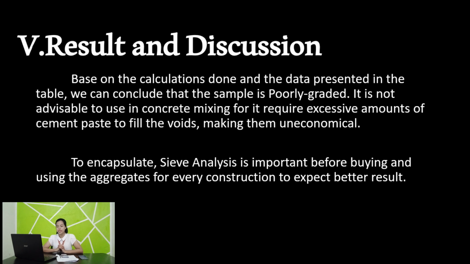It is not advisable to use in a concrete mixture, for it requires an excessive amount of cement to fill the voids, making it uneconomical. So it means, if our aggregates are poorly graded, more cement is needed, which costs more, since we have to fill in the voids.